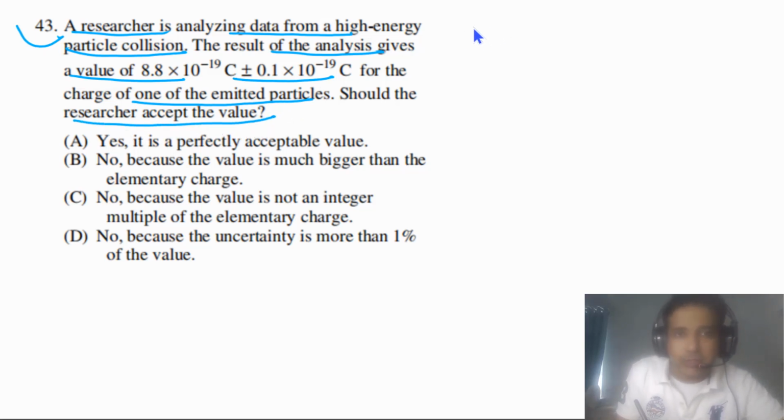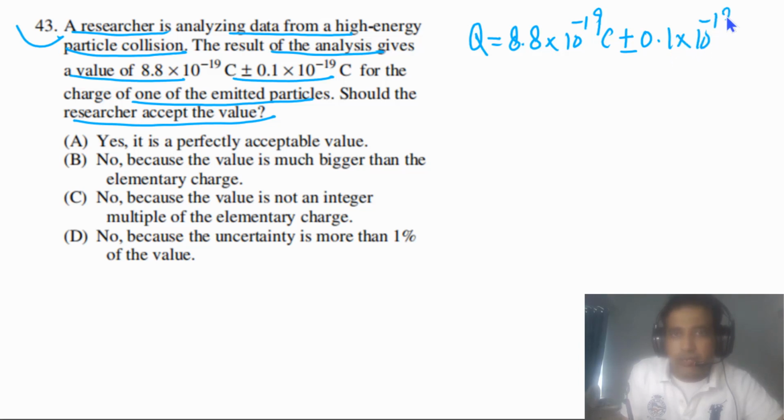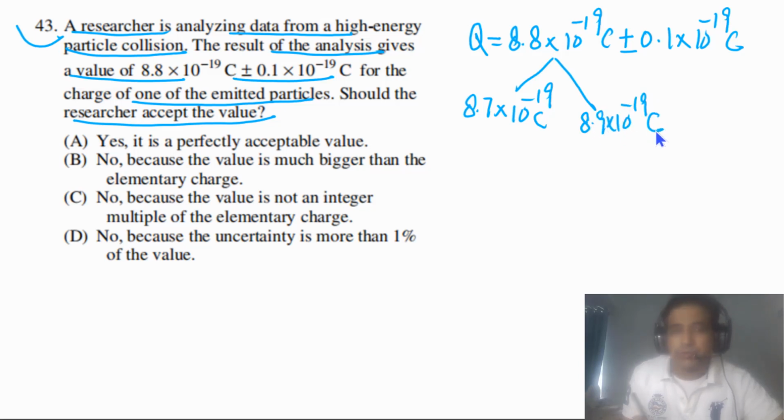So in this case, it is given to us that the charge on the particle is equal to 8.8 times 10 to minus 19 coulombs plus minus 0.1 times 10 to minus 19 coulombs. It simply means that this charge can be 8.7 times 10 to minus 19 coulombs, or it can be 8.9 times 10 to minus 19 coulombs.